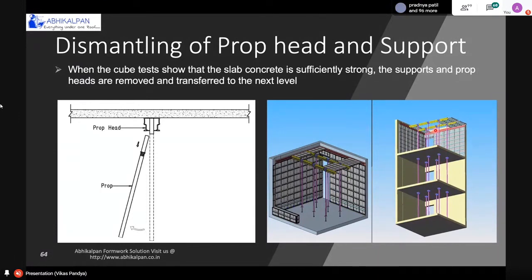One set of props we'll use at the casting level, and another set of props will be at the casted floor, the bottom floor of the casting slab. Suppose we consider slabs 1, 2, and 3. The first floor props will go to the 3rd floor, and the second floor props will go to the 4th floor. This type of prop arrangement we'll use.